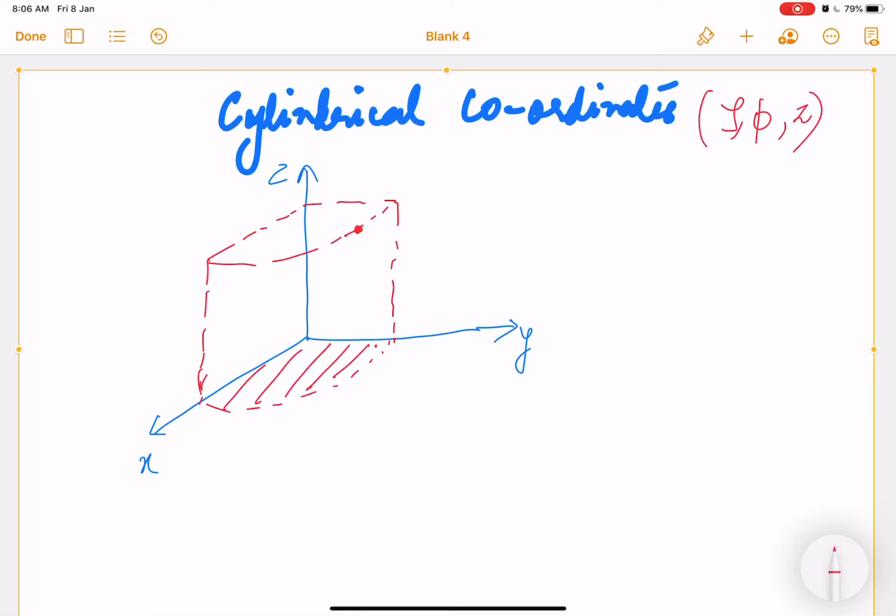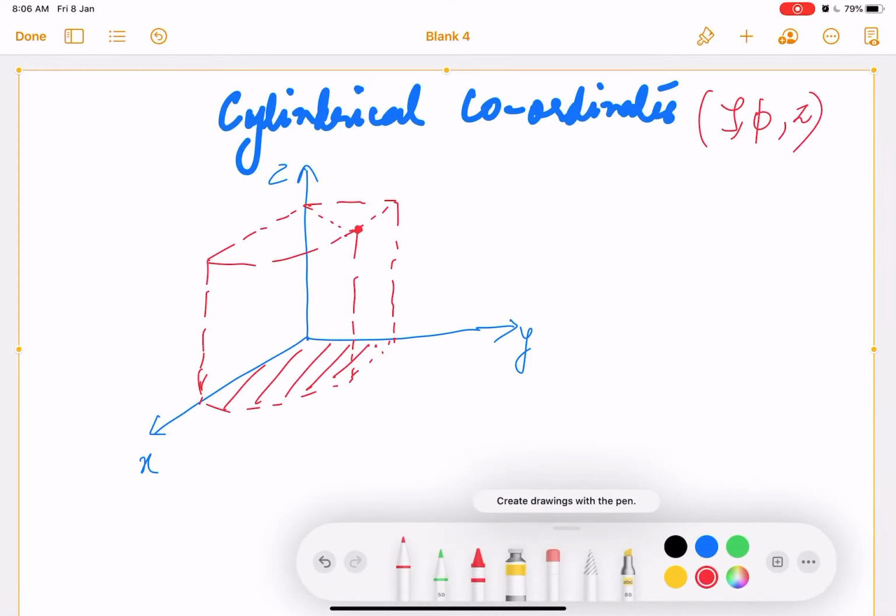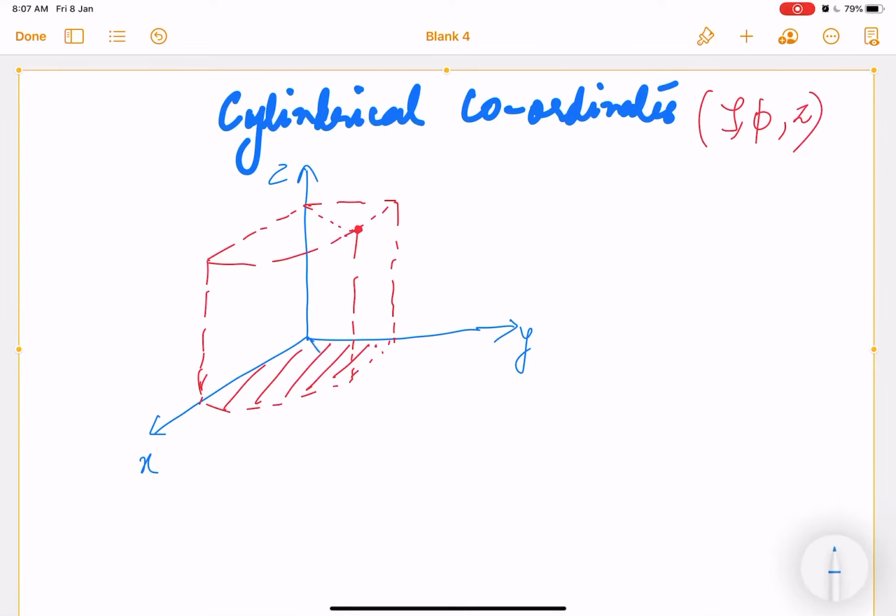So basically, if from here I take this point and project it downwards on my xy plane, then what am I going to get? This point I got here. So from here to this point, this is rho. You can say this is the radius of the cylinder, but not completely.